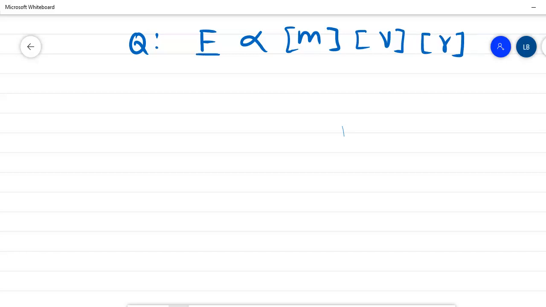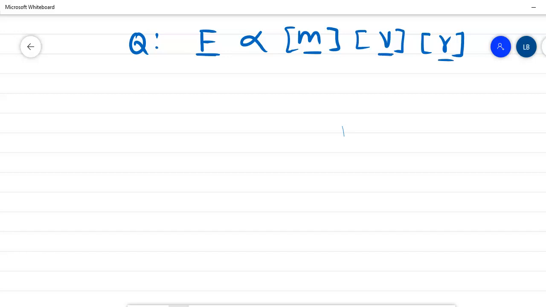It depends on the mass of the body which is moving in the circular motion, the velocity with which it is moving, and the radius. This is not the normal force, this is the centripetal force, which depends on mass, velocity and radius.